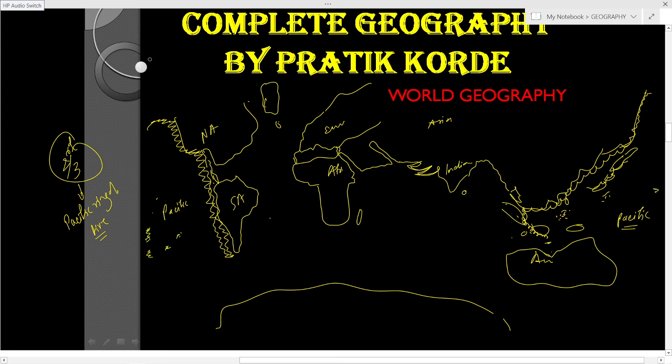Even if we talk about the mid-oceanic ridge, which is very prominent in the Atlantic Ocean, and this is the Indian Ocean.